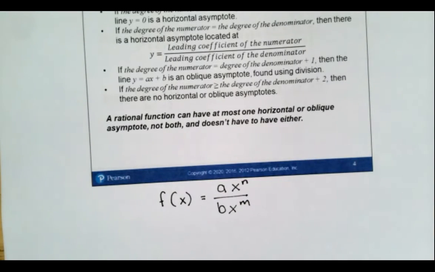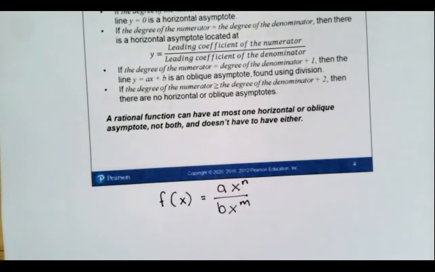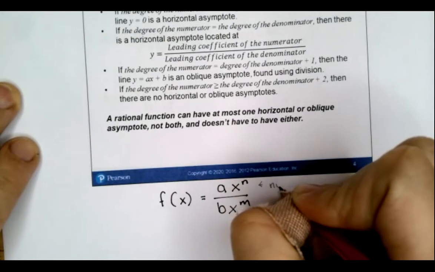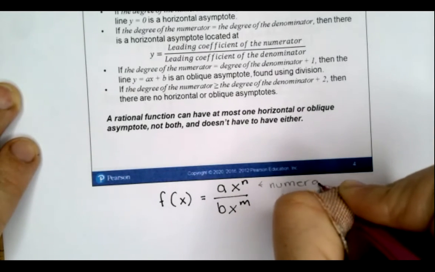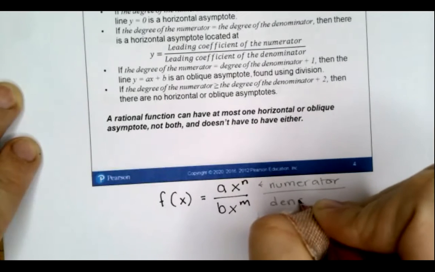All right, write this down. This, as we know, is the numerator, right? This is our denominator.